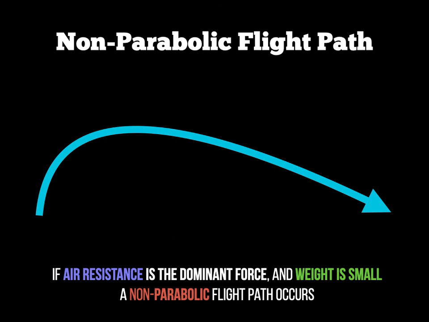And so the flight path may look something like this that you see on the screen, and that's worth drawing. Other non-parabolic flight paths might be things like a javelin or a discus. These will all be non-parabolic flight paths because they don't land or are thrown in a flight path shaped like that parabola.